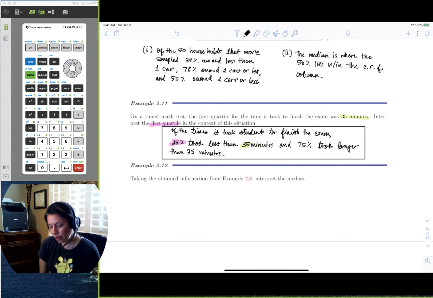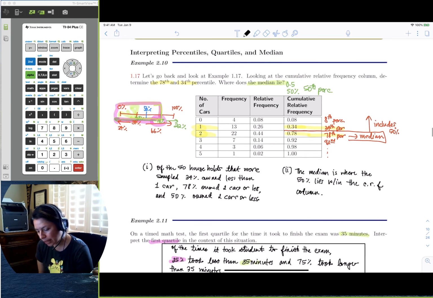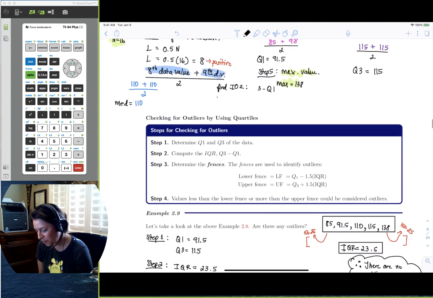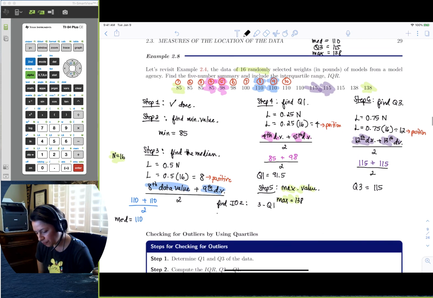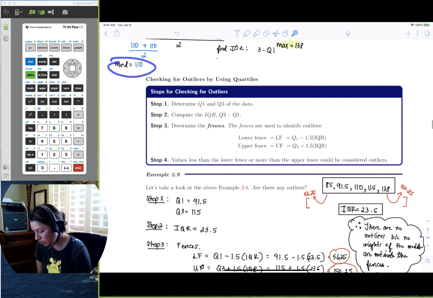So if I want to take the information obtained from example 2.8 and interpret the median. If you recall up here, example 2.8 was the models, right? When we revisited the 16 randomly selected weights of models. And we found that the median in this case was 110, also listed here in example 2.9.